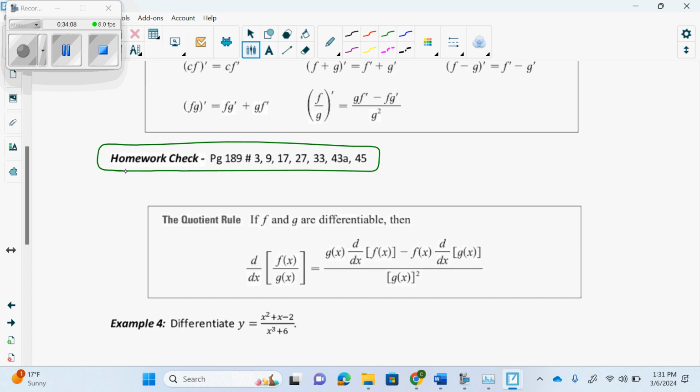If you want to try one like we just did, the ones we just did are the 43A and the 45. These are like that example 3 like we just did. So start working through them. As long as you work, I'll give you the rest of class to do them. I will not move on to quotient rule. If you don't work, I will move on to quotient rule. So work, because when you get stuck, you can ask a question. Okay?